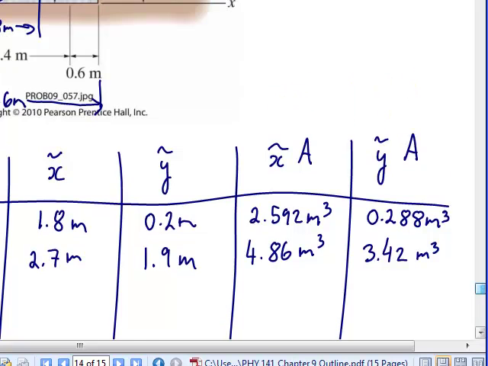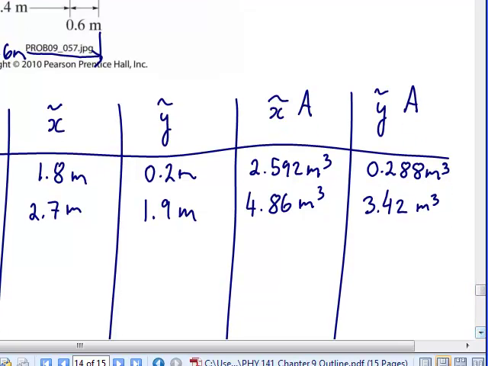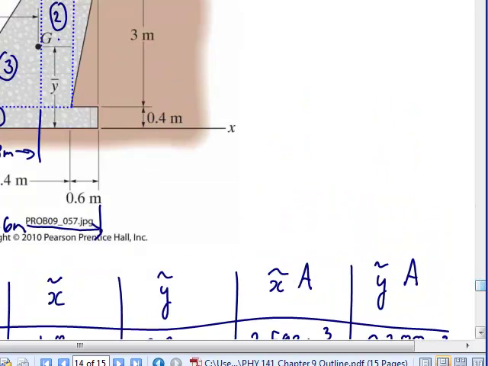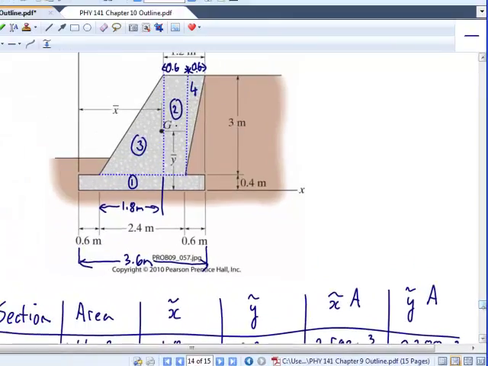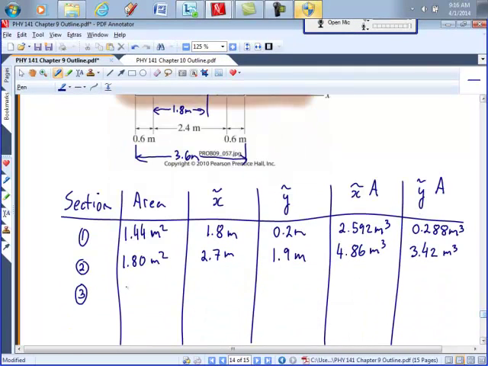All right, now we're up to the triangles. So triangle 3 has a base of 1.8 and a height of 3. So the area is 1/2 base times height, or 0.9 times 3 should be 2.7 meters squared.